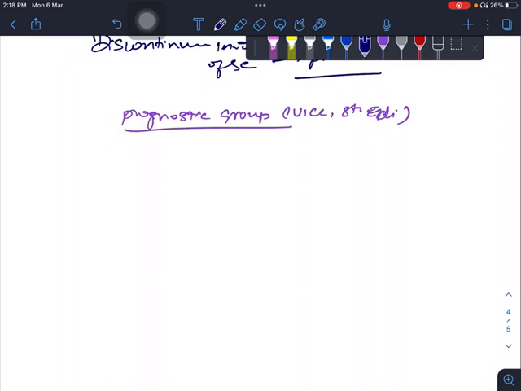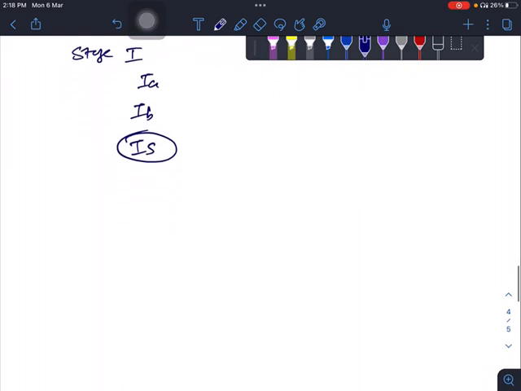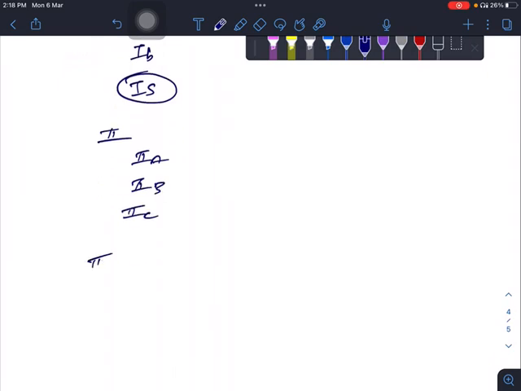In each staging, 3 substages are there. So stage 1: 1A, 1B, and 1S. This is the tumor marker staging. Then comes stage 2: 2A, 2B, and 2C. Then comes 3A, B, C.